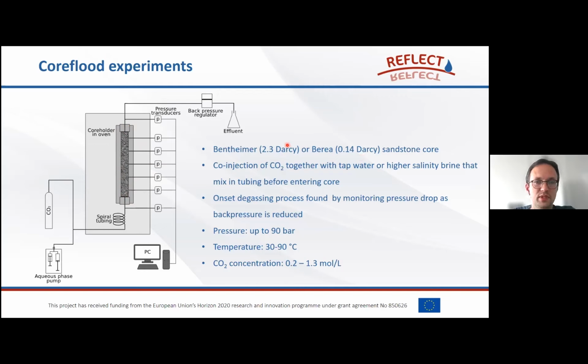And in this, we co-inject CO2 with an aqueous phase, with either tap water or a high salinity brine, and they mix already in the tubing before entering this core. And then we are monitoring the onset of degassing using pressure transducers. So depending on what pressure we're finding, we can see that the degassing has taken place. And in this case, we're using pressure up to 90 bar, a temperature range of 30 to 90 degrees Celsius, and CO2 concentration of 0.2 to 1.3 mole per liter.